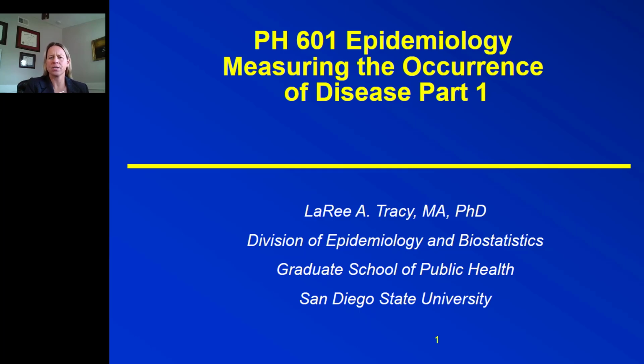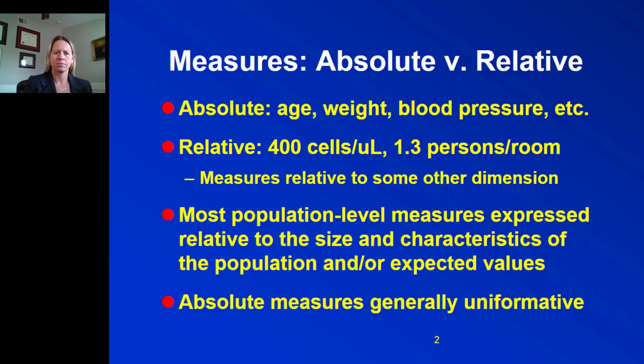So in this next series of lectures, we will be discussing measuring the occurrence of disease and various measures commonly used in epidemiology. First, I just want to point out the difference between an absolute measure and a relative measure. An absolute measure is one that's measuring a factor simply using the factor itself, such as one's age or blood pressure.